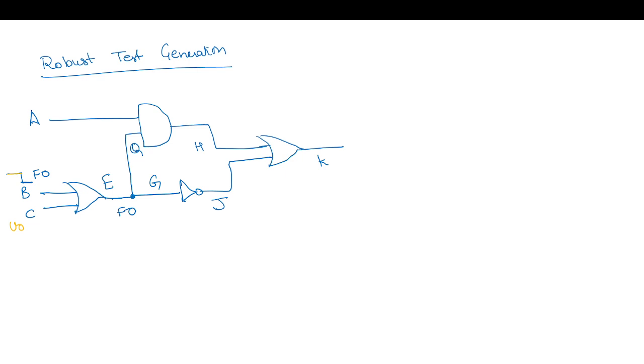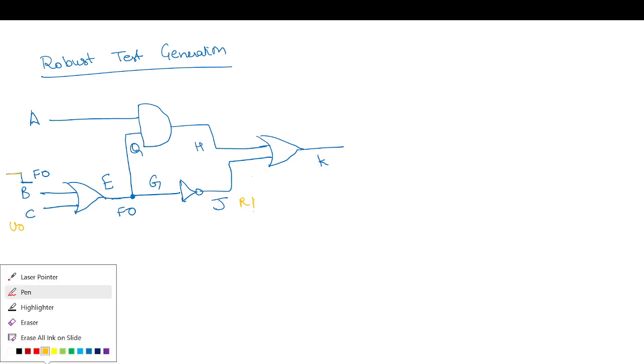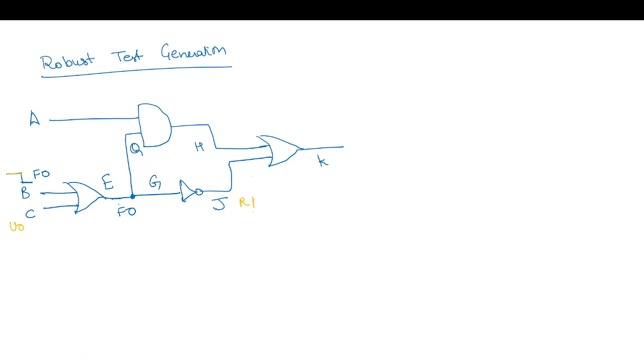Now this is F0, and after this inverter, it will become a rising transition. Falling will become rising transition. And this F0 is generally interpreted as U0 for off-path logic.